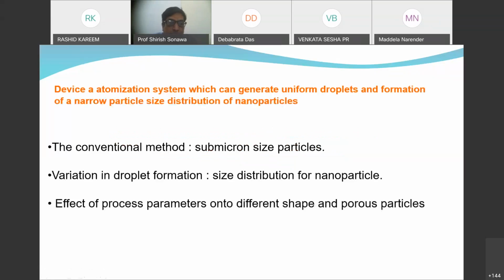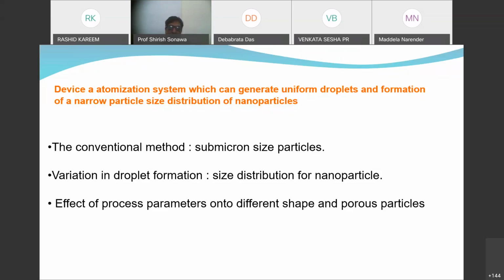Now let us look at the methodology by which atomization can generate droplets. I discussed that for nanoparticles, narrow size distribution is very important from the application point of view. The conventional methods will give you submicron as well as wide distribution of droplets, as well as when they are depositing onto the surface, for example for solar panels or catalytic materials.